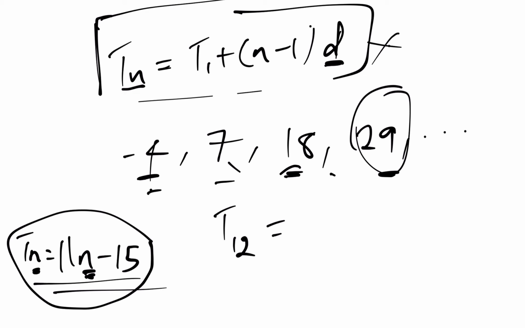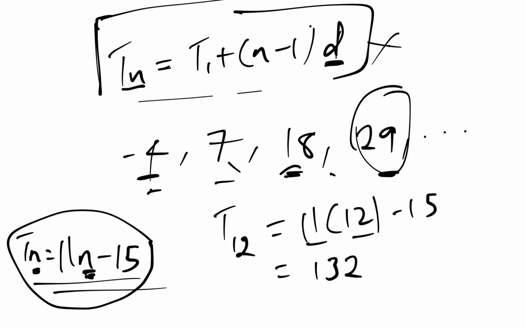I plug in the 12, so I will say 11 times 12 minus 15. 11 times 12, I think that's 132, minus 15, which will give you 117. So that will be your term number 12.